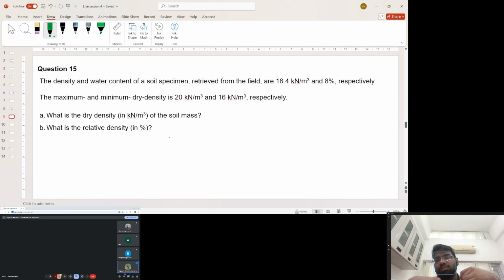The maximum and minimum dry density is 20 kilonewton per meter cube and 16 kilonewton per meter cube respectively. First thing we need to find is what is the dry density of the soil mass which was retrieved from the field? The actual dry density of that soil for that particular compaction state.